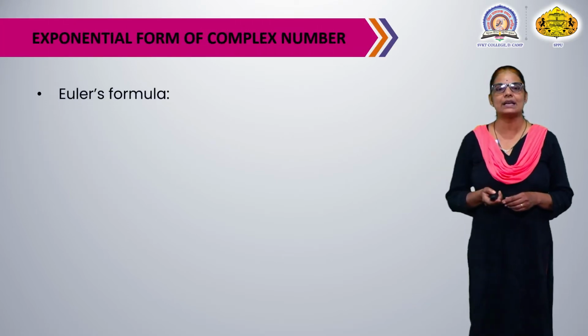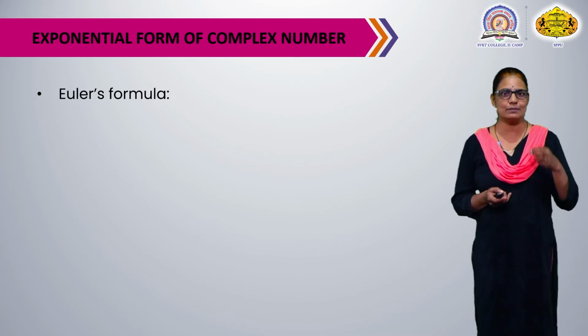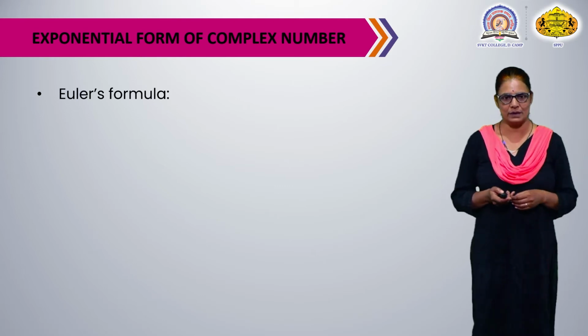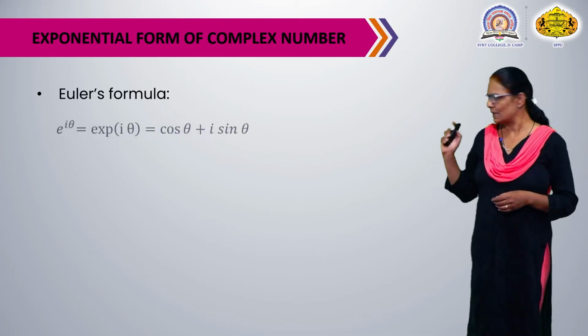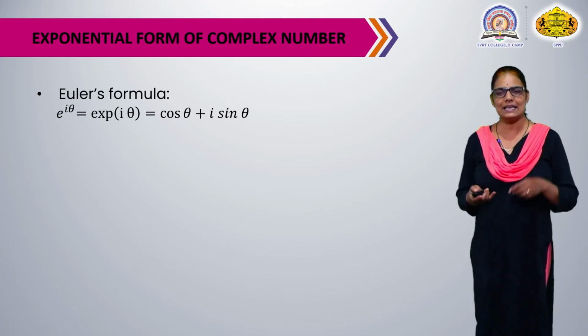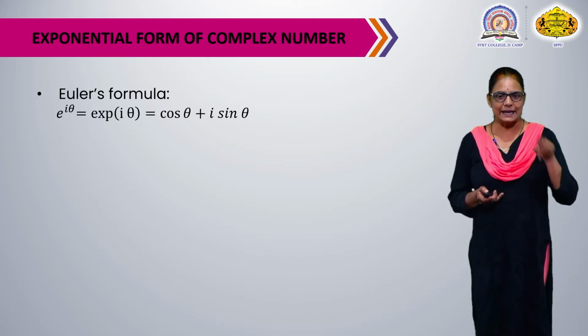So our next topic is the exponential form of the complex number. To write the complex number in exponential form, we will use Euler's formula. Euler's formula says that e raised to i theta, which can be written as exp i theta, is the same as cos theta plus i times sin theta. To write the number in exponential form, we use this formula.